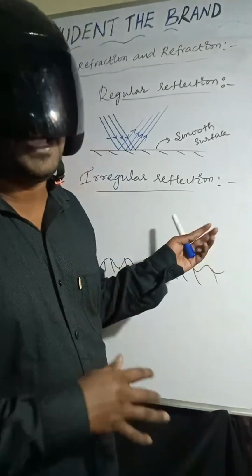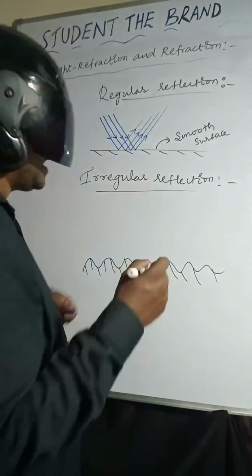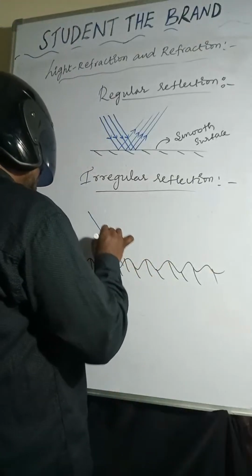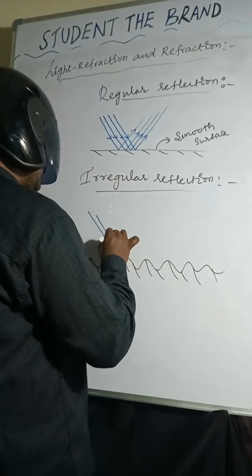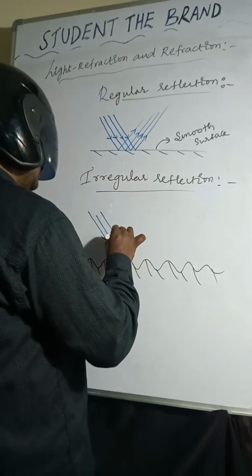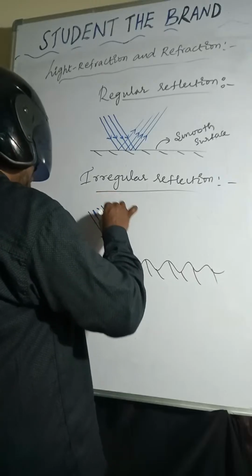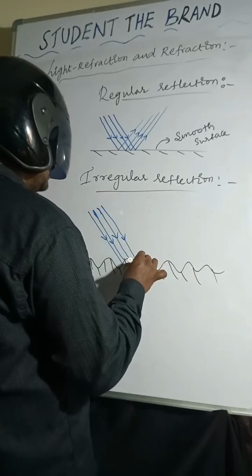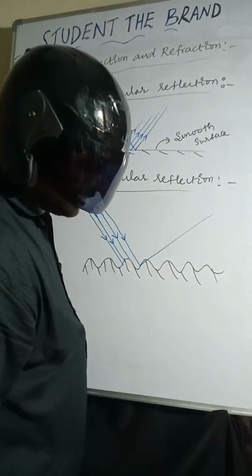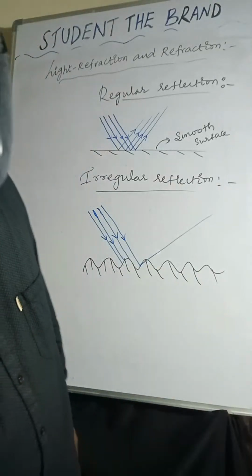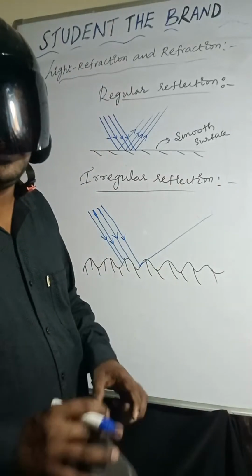Now you can observe, these are the incident light rays. Incident light rays are parallel, but reflected light rays are not parallel to each other, so they will move in different directions.